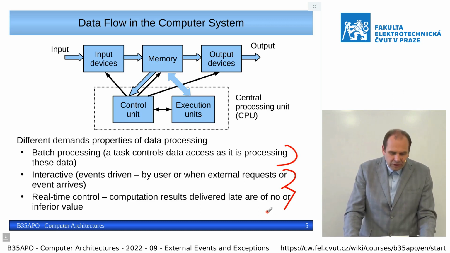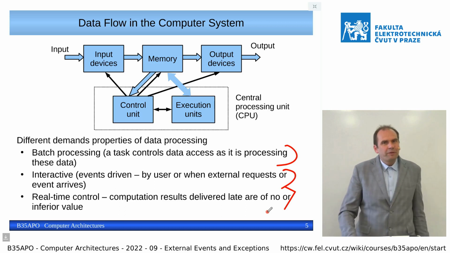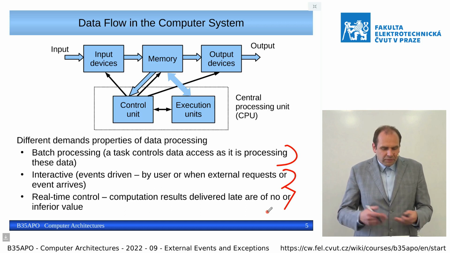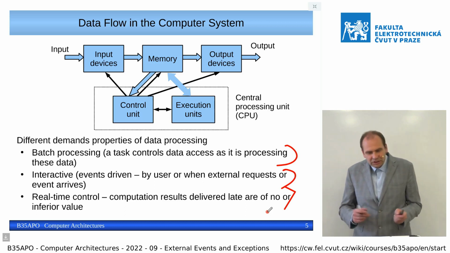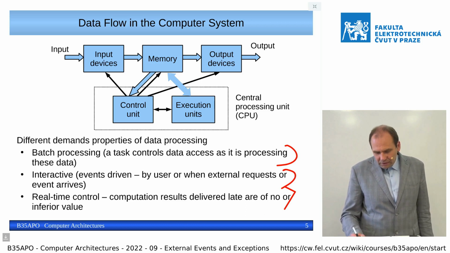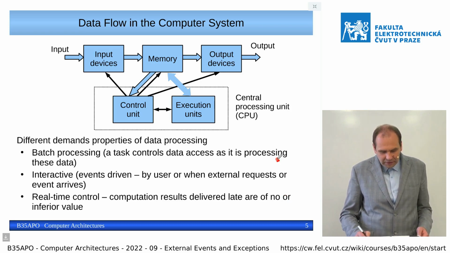Basically, if you, for example, control an airplane and do not solve the controlling task in time, then maybe you have a crash. You can have soft real time, for example for multimedia, video and so on, where if it doesn't solve the refresh of the frames fast enough, then you have some missing frame or glitch, so it is not so big a problem. But for hard real time, there is a risk that somebody is killed or that there is damage. So those applications are sometimes quite demanding.